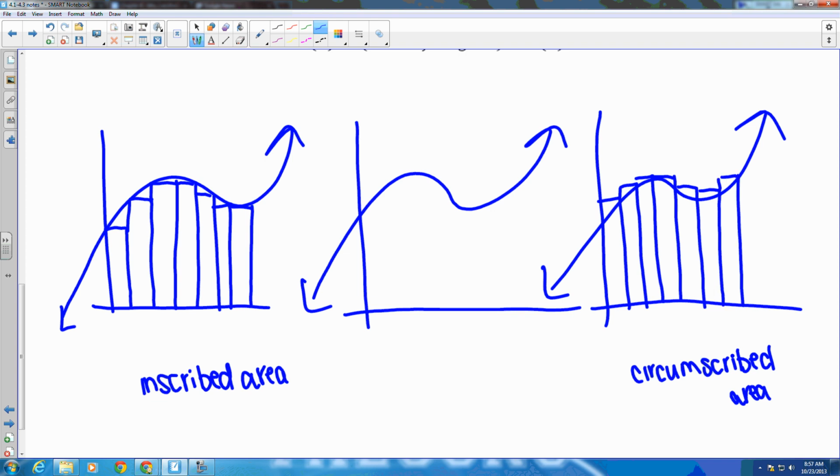Okay, so get the general idea. The inscribed area is less than the actual area because there are a couple of gaps underneath the function, and the circumscribed area is greater than the actual area, since we have rectangles that go over the top. Our goal is to find our actual area under the curve.